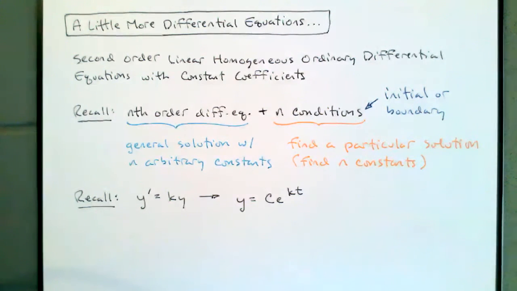C is the arbitrary constant. K is a constant determined by the function. That determines the form of the function, the e to the kt part. K is determined by the differential equation.